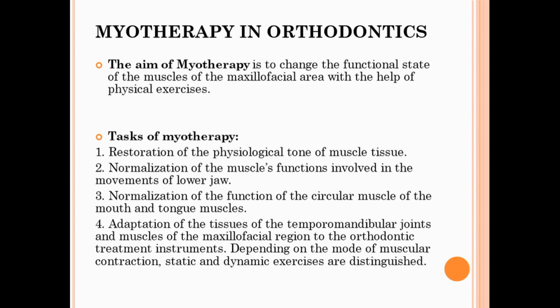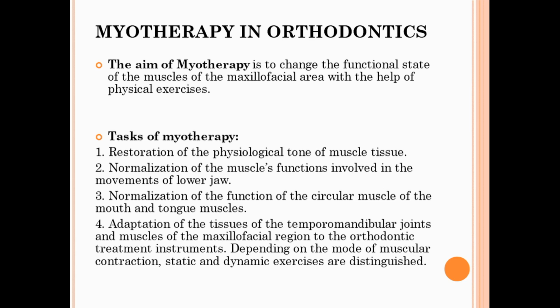Due to varying degrees of reduction of endurance, a differentiated approach to the intensity of exercise is needed for both static and dynamic exercises. Dynamic exercises are performed at a pace of 20 times per minute or on the count of 1, 2, 3, 4.